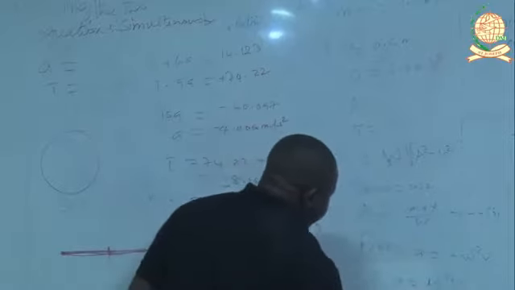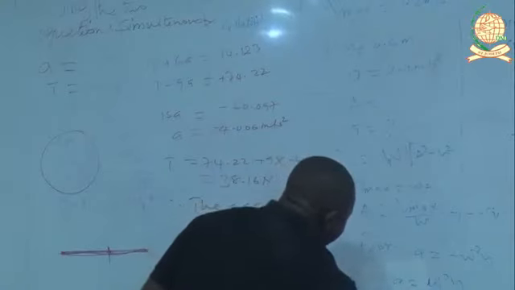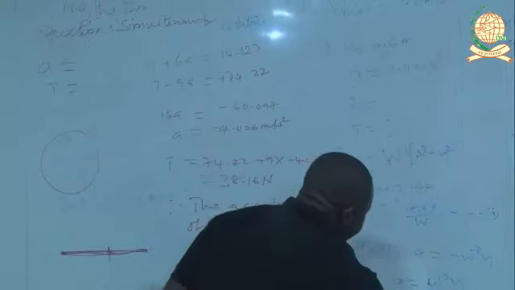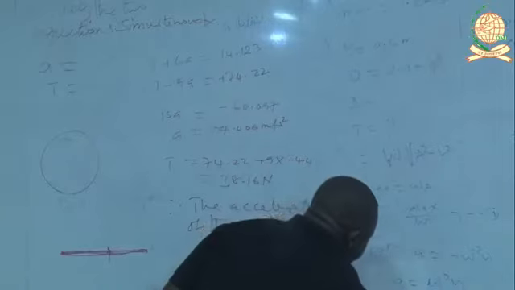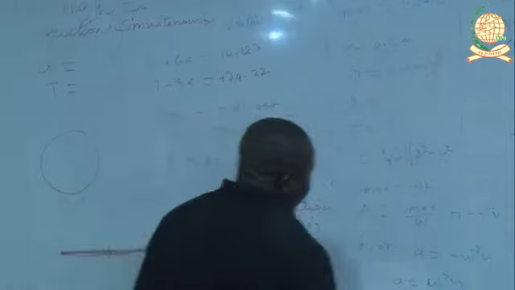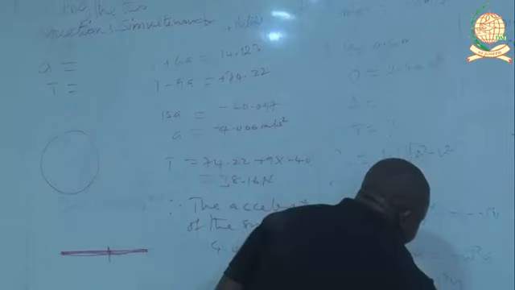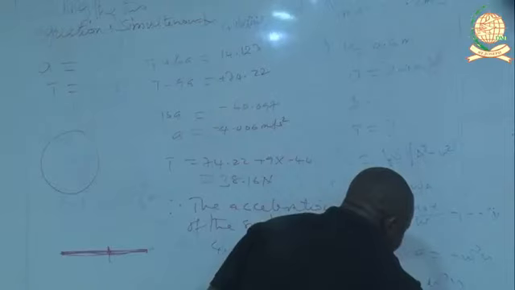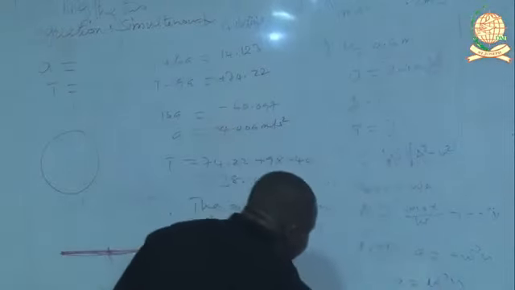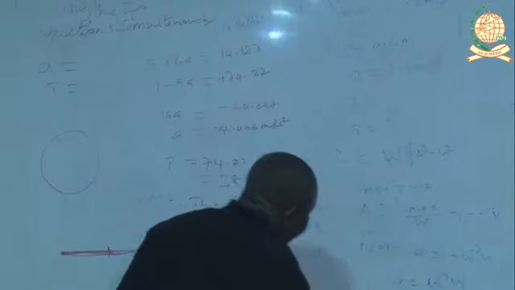Then what is the value of omega? Omega square will be equal to A over y. That means omega is equal to the square root of A over y. So here you can find omega. A is 2.4 and y is 0.6. So you find that omega is equal to 2 radian per second.